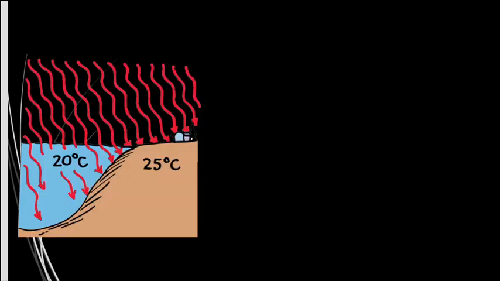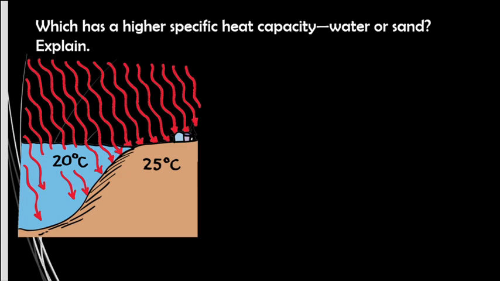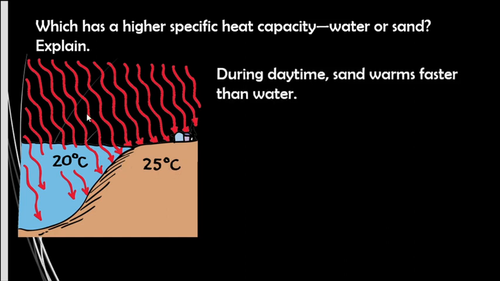Let us check our understanding about specific heat capacity. Based on the illustration, which has a higher specific heat capacity, water or sand, and explain. We can see that during daytime, the sand warms faster than water, which is 25 degrees Celsius already, while the water is only 20 degrees Celsius.